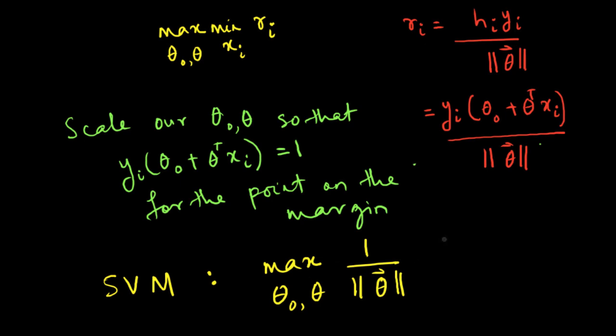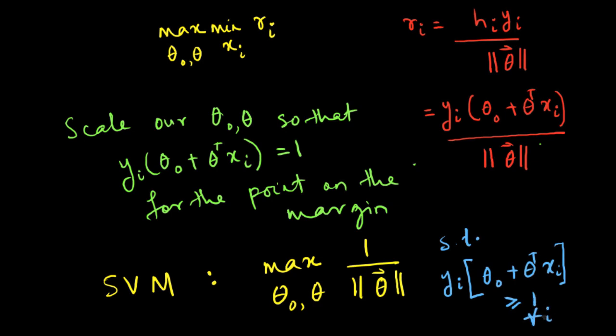So you need to maximize this such that your yi times theta naught plus theta transpose xi is greater than or equal to 1 for all i.